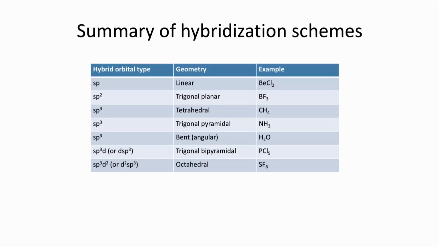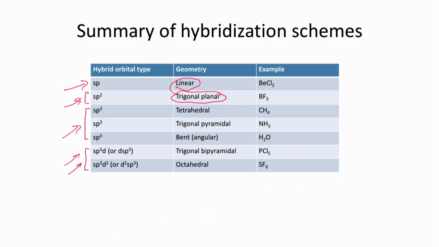Here's a summary of all the different hybridization schemes so you can see exactly how they fit in. You can have sp hybridization, sp2 hybridization, or sp3 hybridization, as well as dsp3 or d2sp3. Typically, things that are sp hybrid have a linear geometry. Things that are sp2 have a trigonal planar geometry.